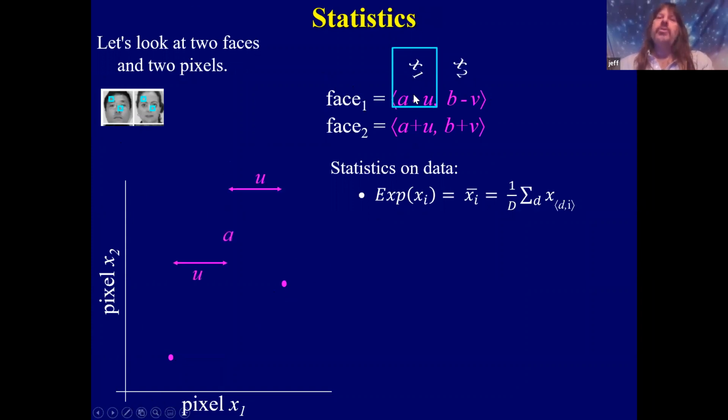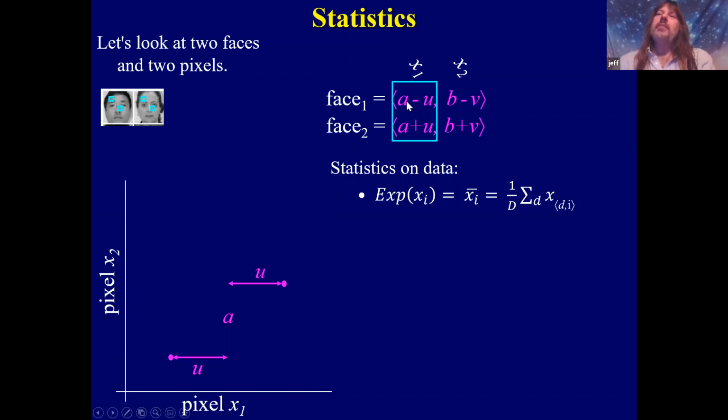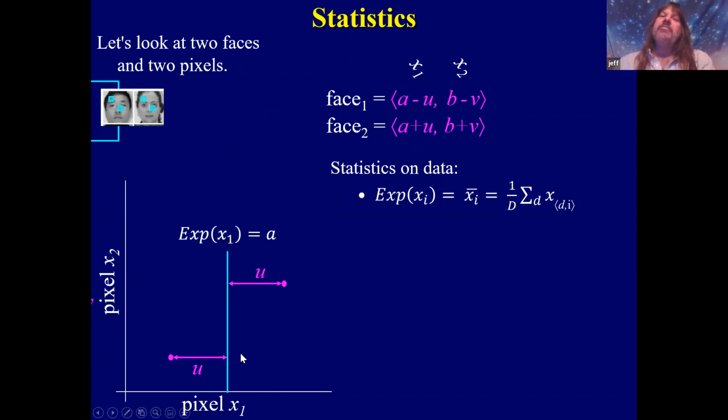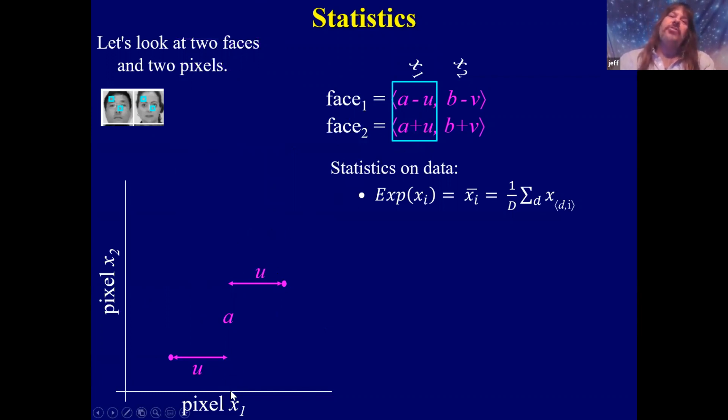That's our 2 pixels. And what's our first number here? We want to take the average of the brightness of the first pixel. For our first image, the value is A plus U, and for our other picture it's A minus U. So we have 2 pictures, one with value A plus U and one with A minus U. What's the average of these 2 values?